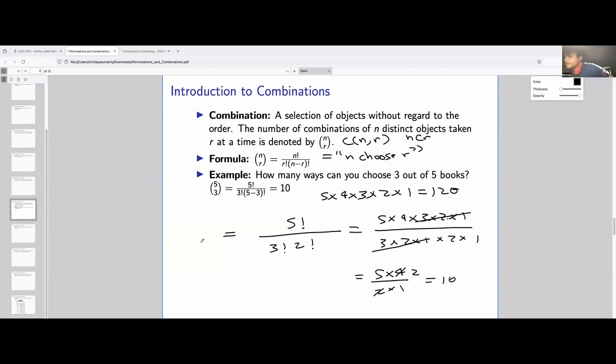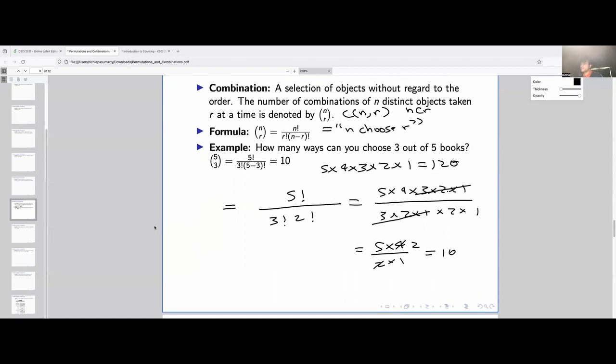Now, let's say I'm doing something larger, right? Let's say I'm trying to calculate 10 choose 8. At the top, I'm going to have 10 times 9 all the way until 1. And at the bottom, I'm going to have 8 times all the way until 1, and then 2 times 1.